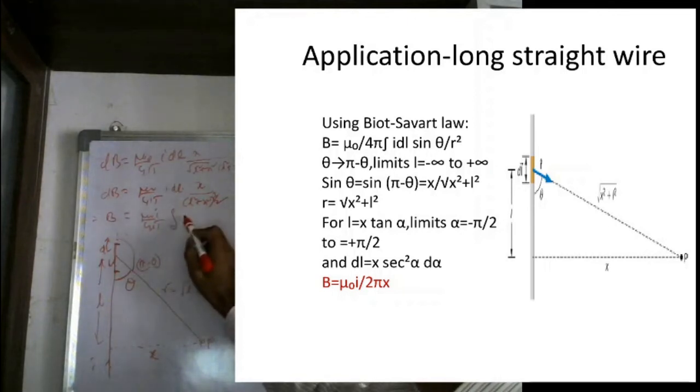Integral dl into x by L square plus x square to the power of 3 by 2. Okay. Now we want to perform this integral.